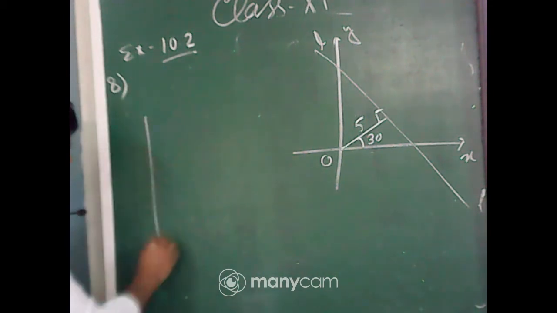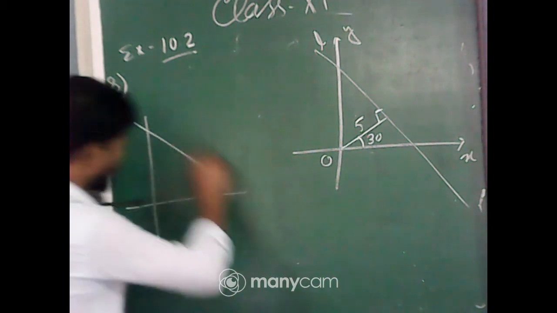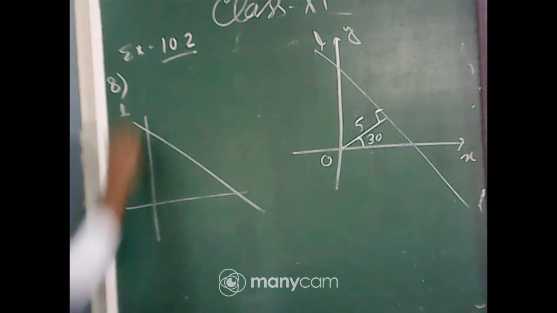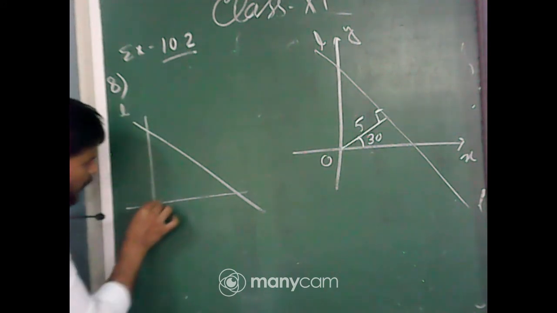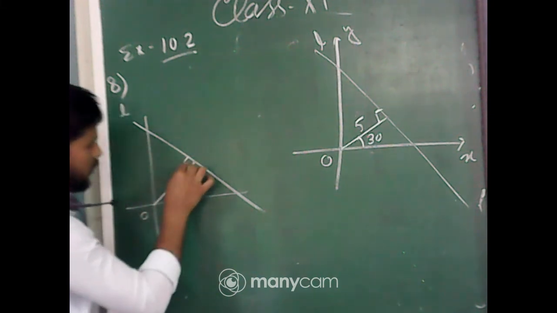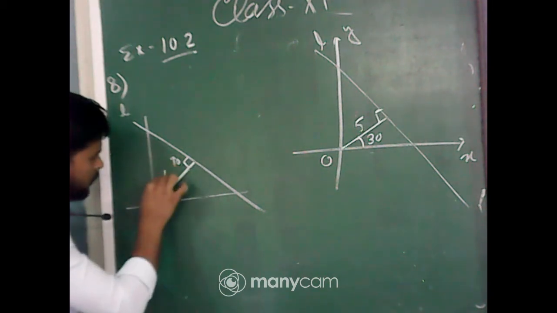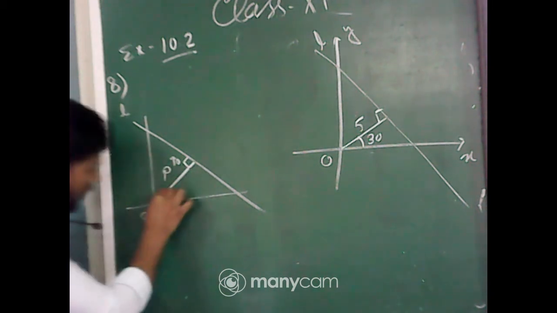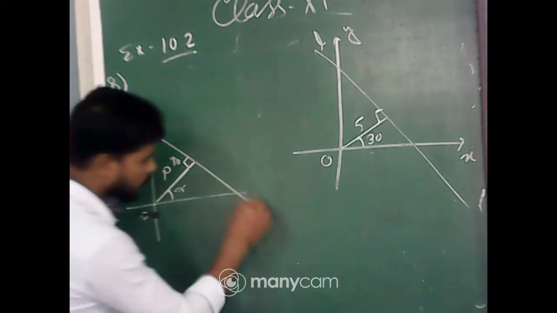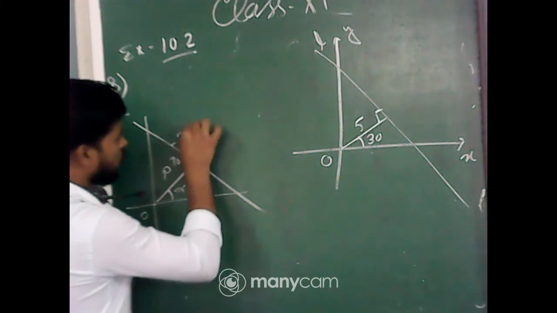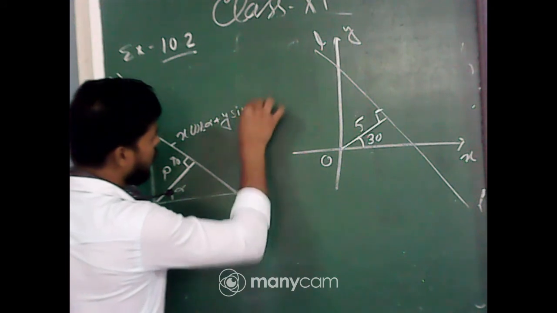Suppose this is a set of rectangular axes and this is any line L. Draw a line from the origin perpendicular to the given line, so this angle is 90 degrees. If the length of this line is p and this line makes an angle alpha with the positive direction of the x-axis, then the equation of the line will be x cos alpha plus y sin alpha is equal to p.